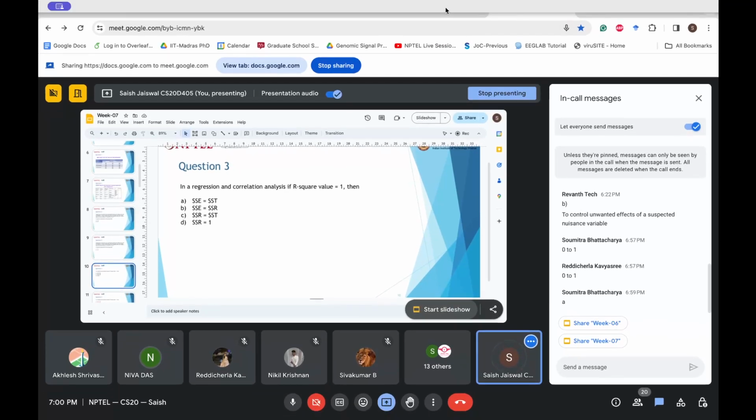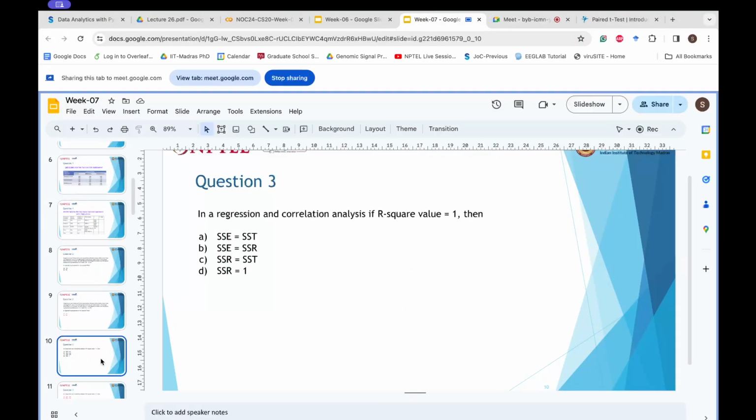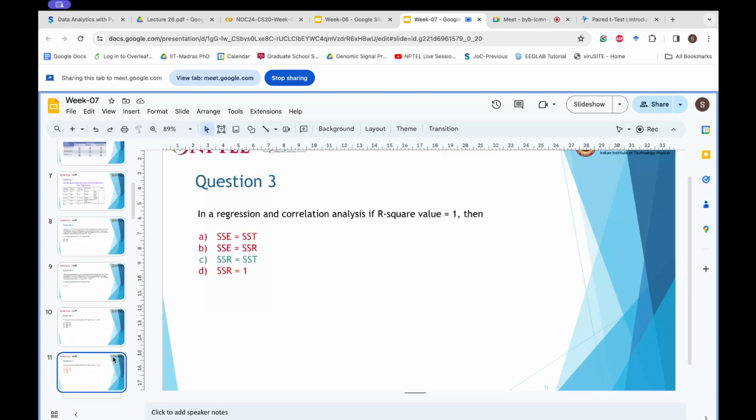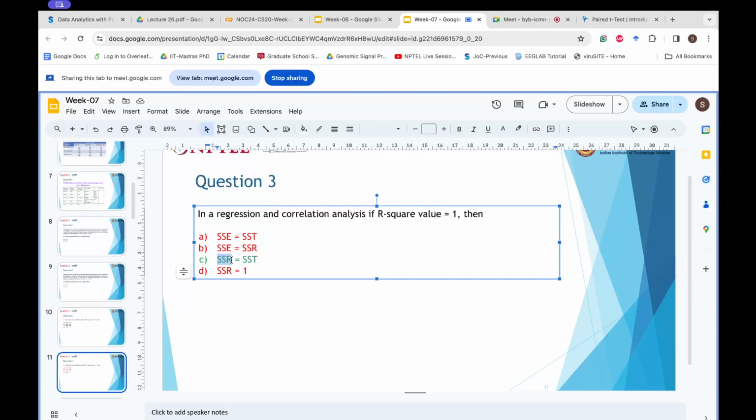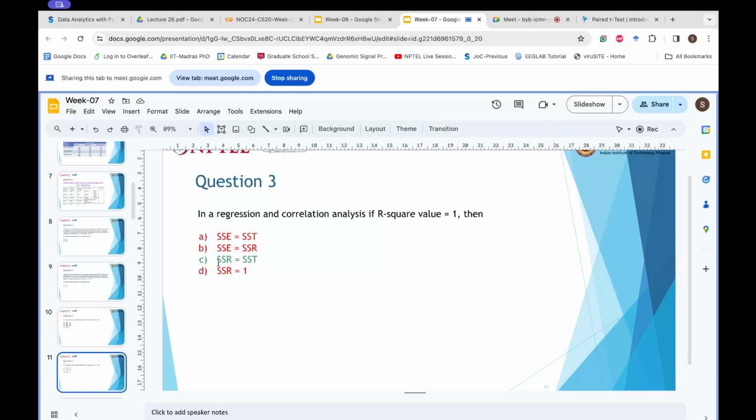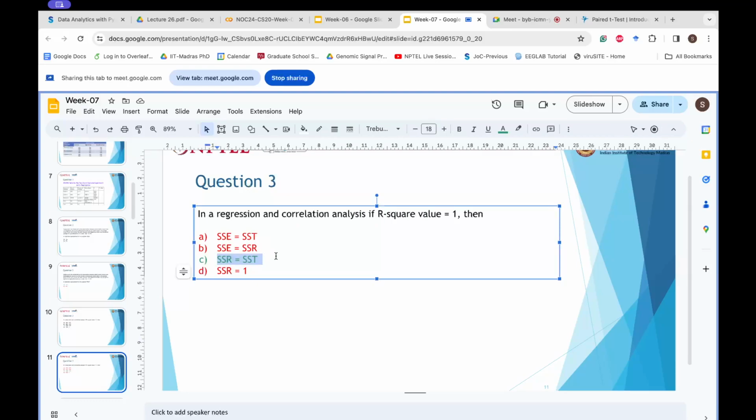Yes. So here the correct answer is SSR equal to SST, because r square is defined as SSR divided by SST. So how much of the variance is getting explained by regression, that is the line equation, divided by the total sum of squares, or the error that you are getting by naive prediction using y bar. So if this ratio is 1, it means that SSR is equal to SST.